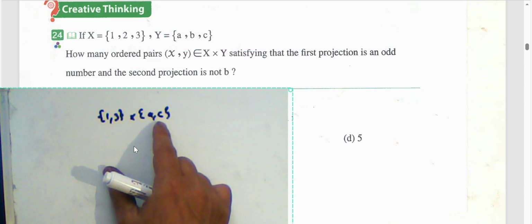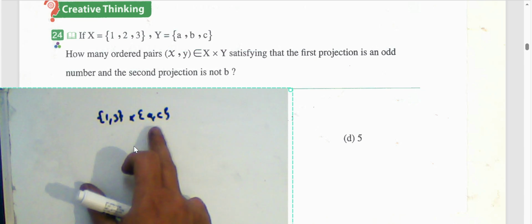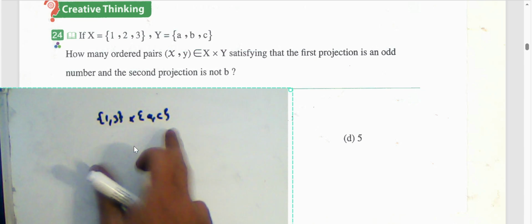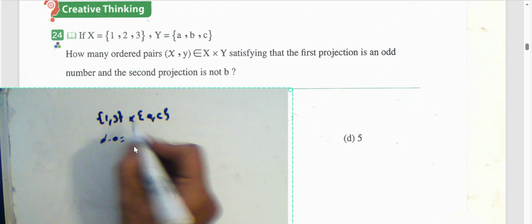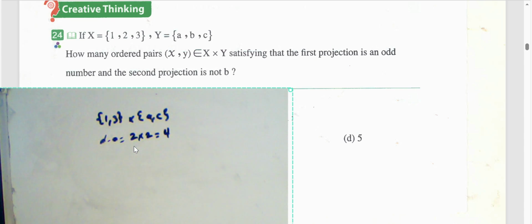Okay, we can require the pairs from the Cartesian product of 2 sets. We have 1 and 3, which are odd numbers, and here e and c, because he gave me this information. The second projection here is not p. Then for the first we can choose 1 and 3 only, and here e and c. Then the number of elements is 2 times 2, it will be 4.